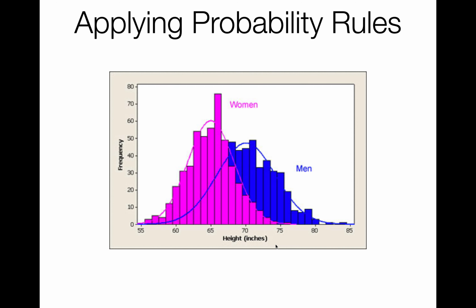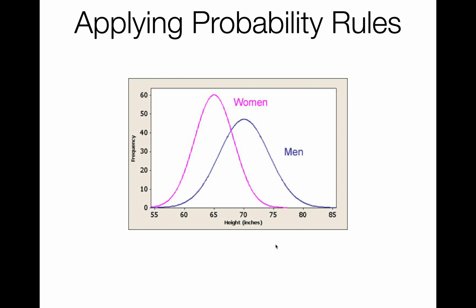So the question that I would ask myself is, what kind of functions or what kind of equations can I use to approximate those histograms? The histogram is reality, and I'm trying to use an equation to approximate what that reality looks like. And I can do that, and here are those curves.